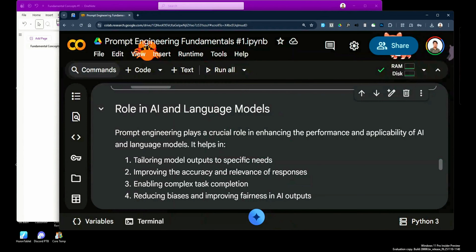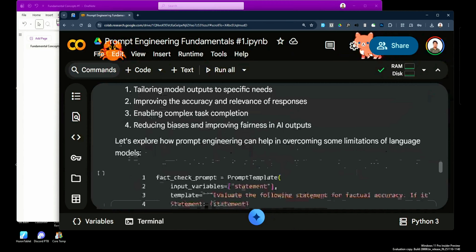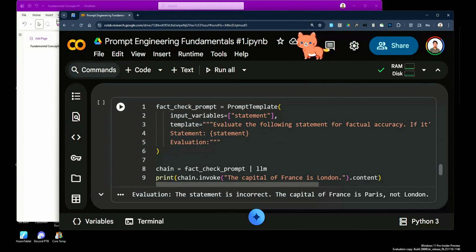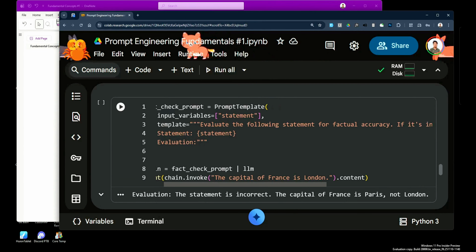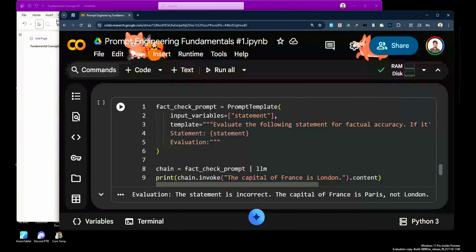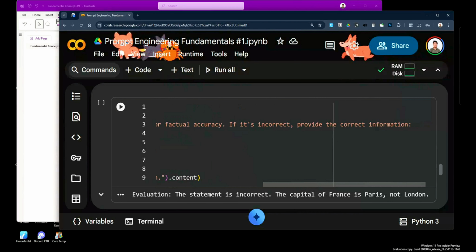let's see the role of AI and the language models in this. Now I have a prompt here, a code where I am having an input of a statement, and the template is: evaluate the following statement for factual accuracy, and if it's incorrect, provide the correct information.